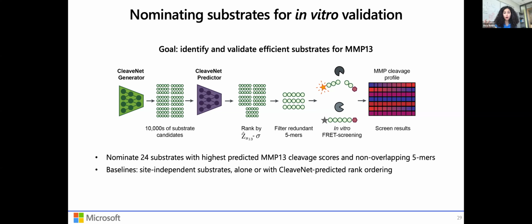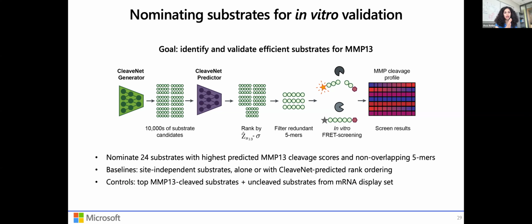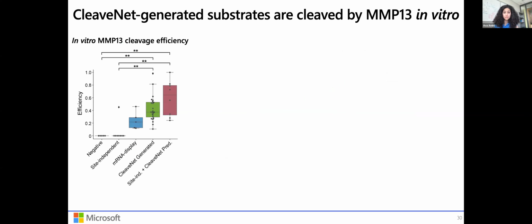So this is a much harder and stricter baseline than just that site-independent sampling. And we also included some positive controls of highly cleaved substrates from the original data set, as well as negative controls of uncleaved substrates.